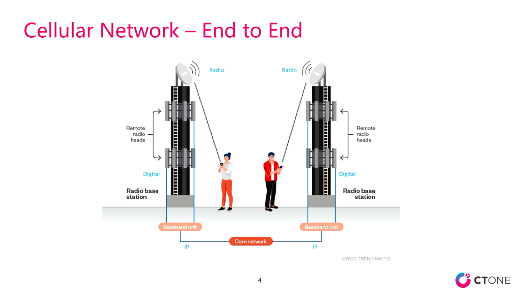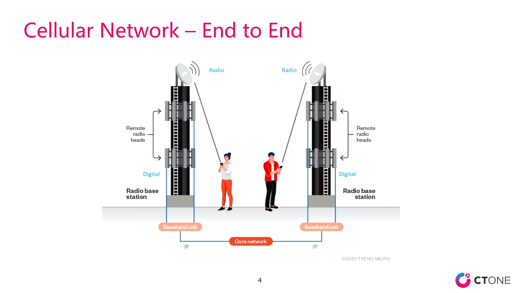And the remote radio head in the cell tower will convert this radio signal to digital signal and forward to the baseband unit. Now this baseband unit may be located near the cell tower, or more commonly, at a back office. So this baseband unit converts the digital signals to IP packets and forwards to the core network.